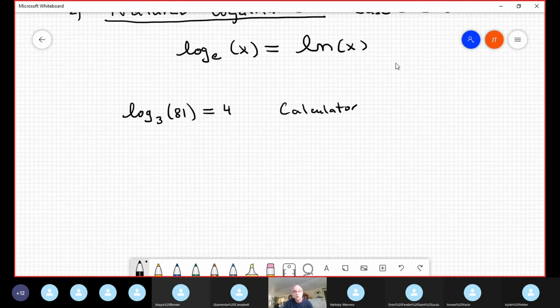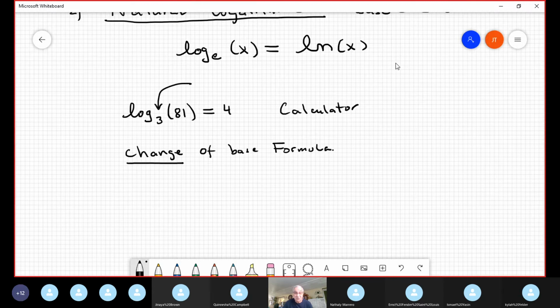Well, you can use a calculator, using one famous formula that is called the change of base formula. The change of base formula allows us to change a non-standard base.